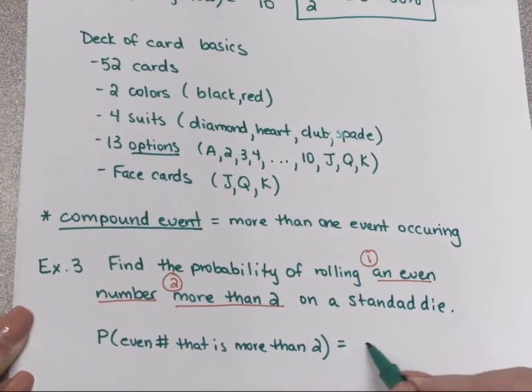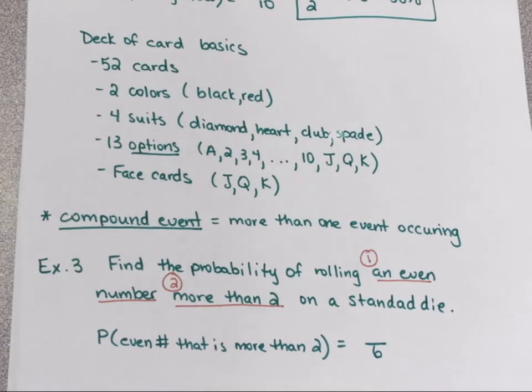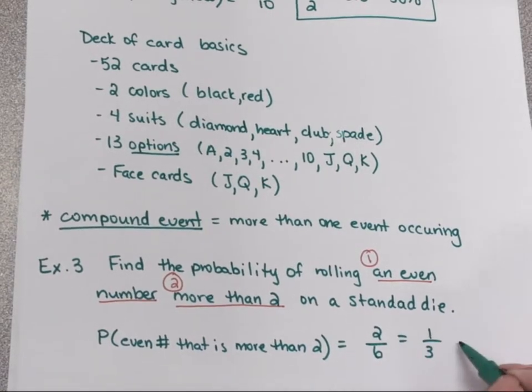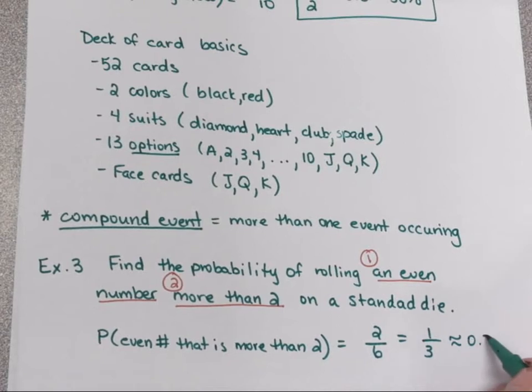So I'm going to do the easy part for you. Okay, it'll definitely be over 6. And then we just, again, need to count and make sure we include both requirements. So how many even numbers are there that are more than 2 on a regular die? There's 4 and 6, right, which is how many options? 2. So we get 1/3 or 0.33, which is 33 1/3%, essentially.